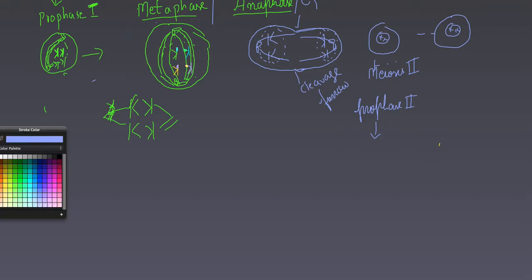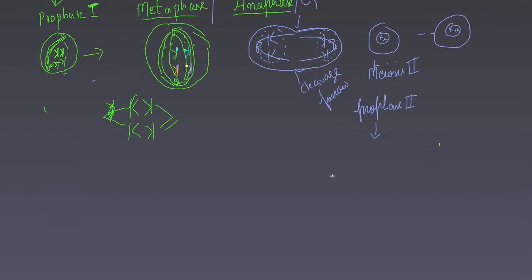So if I were to draw a cell, and here is the nuclear membrane. So the genetic material becomes condensed, and the centrosomes here start to form the early formation of the spindle fibers.